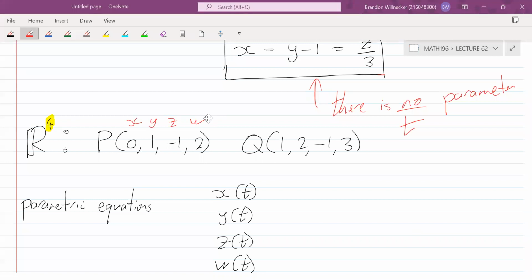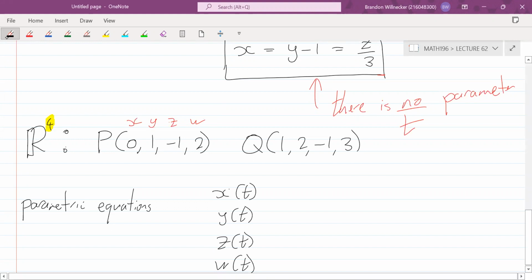It doesn't matter what you call that last one. Let's just say w. So we get 4 parametric equations. And that's the same thing for any dimension. If it's 6 dimensions, then you're going to have 6 parametric equations.